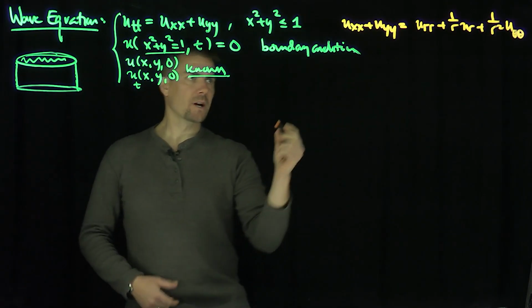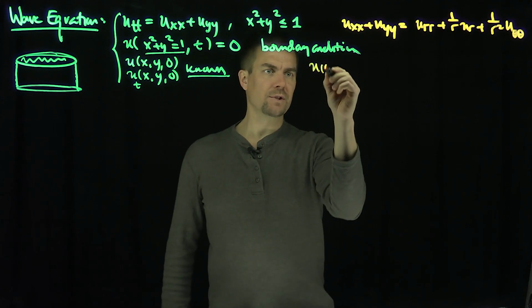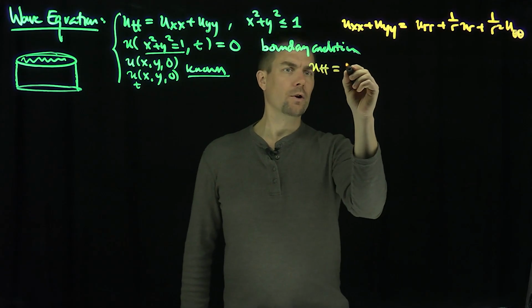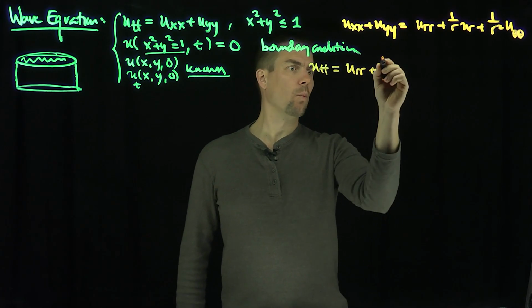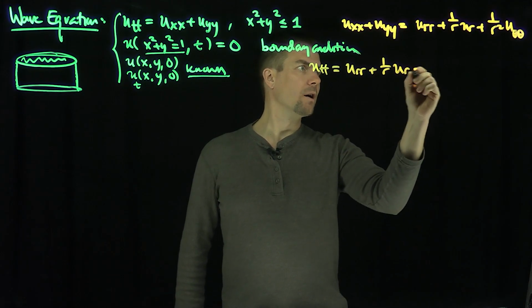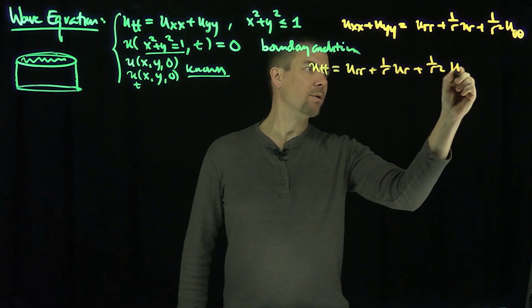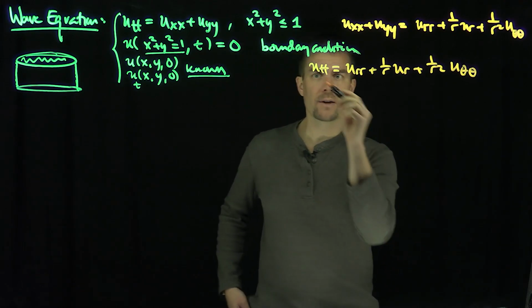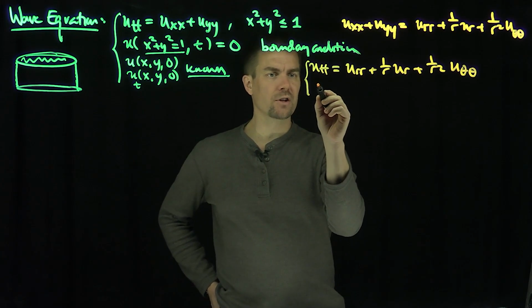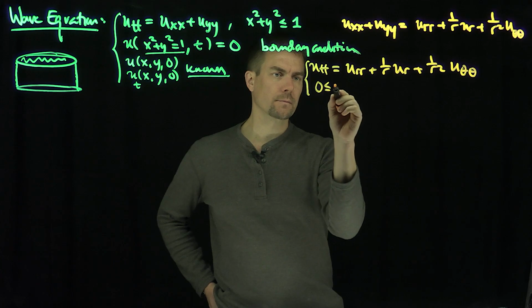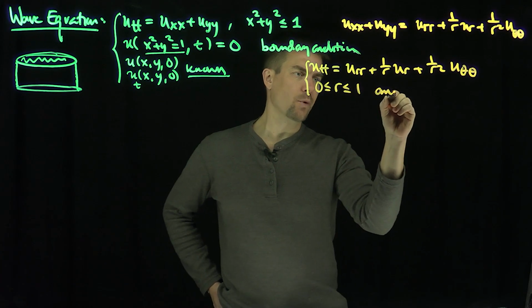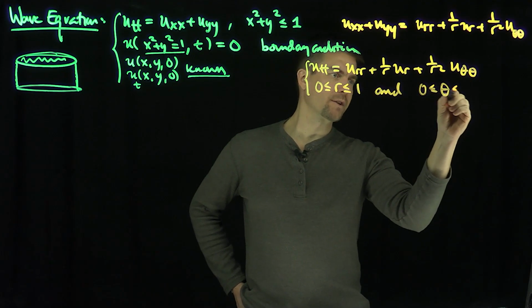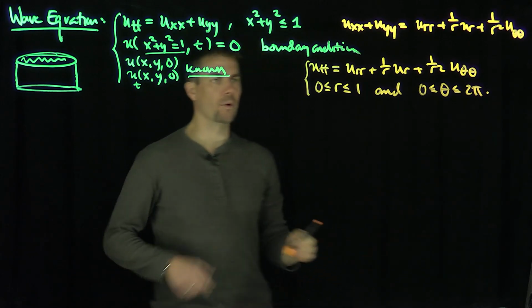So our PDE becomes u_tt equals u_rr plus 1 over r u_r plus 1 over r squared u_theta theta. Now r is between 0 and 1, and theta is between 0 and 2 pi. So our domain changed a little bit: I've turned it into a rectangular region by looking in polar coordinates.